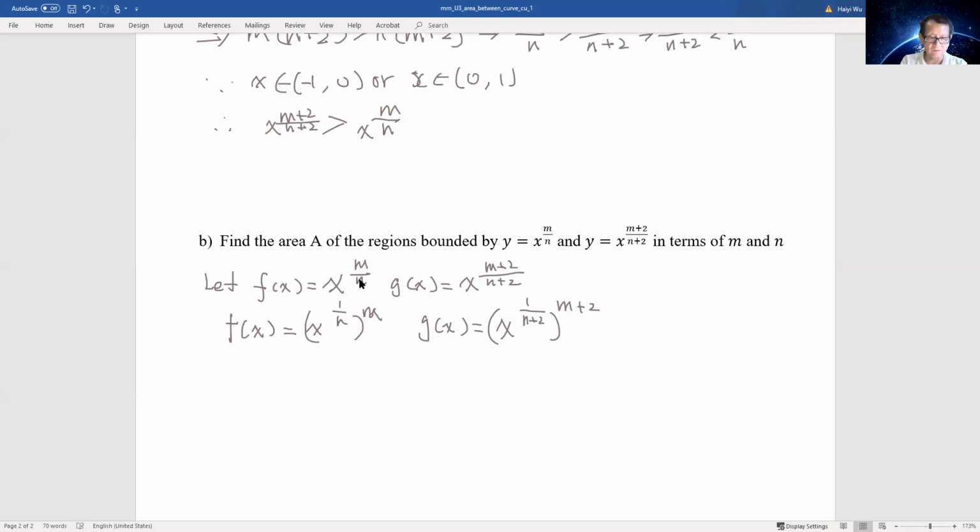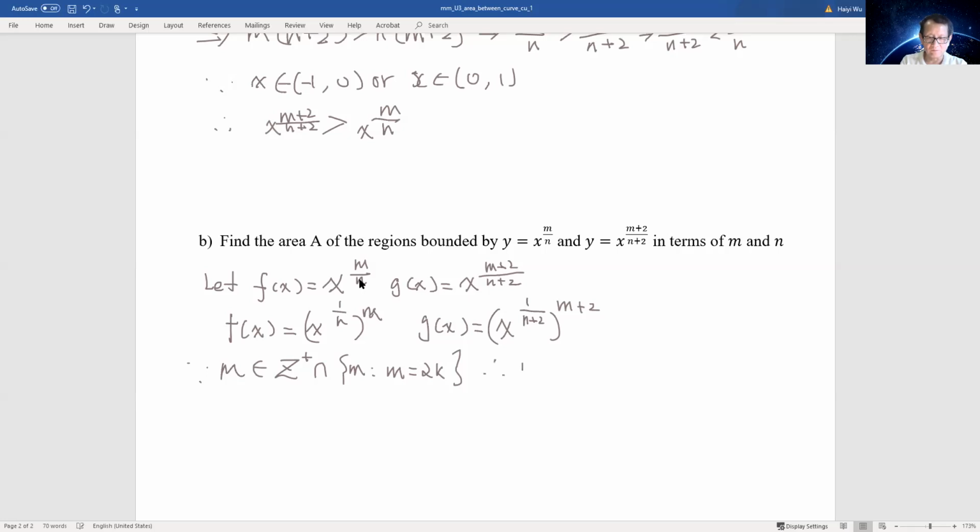Let's have a look at m. Because m is a positive integer, it belongs to Z, and m is an even number. It means m must be 2 times k, where k is obviously an integer as well.